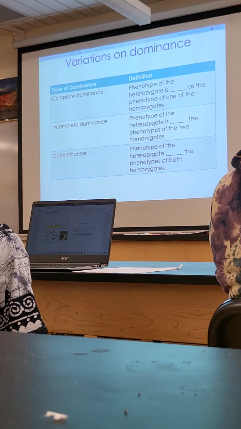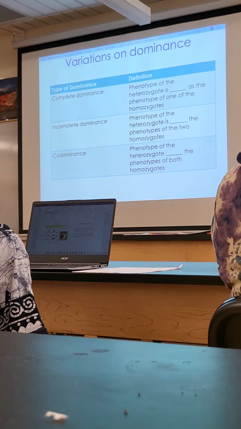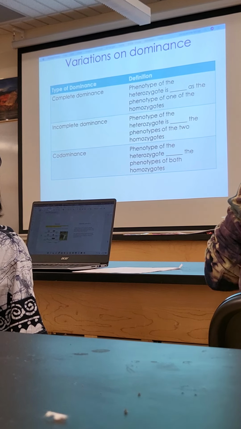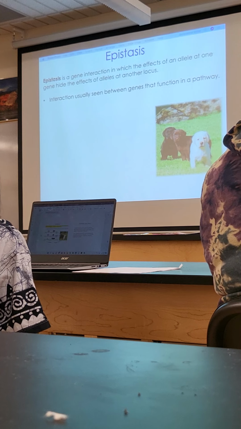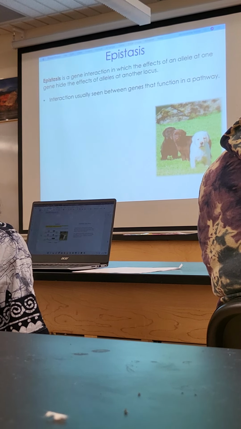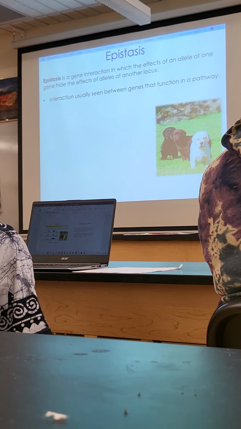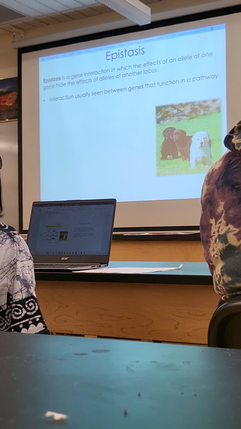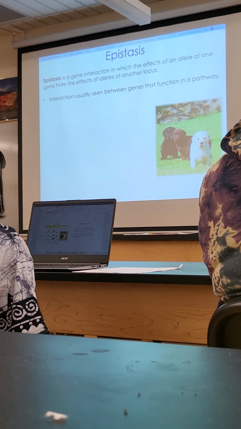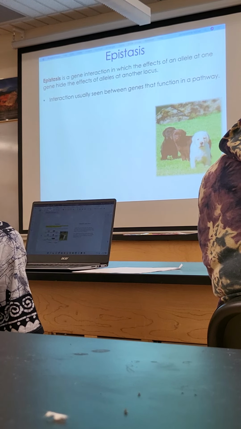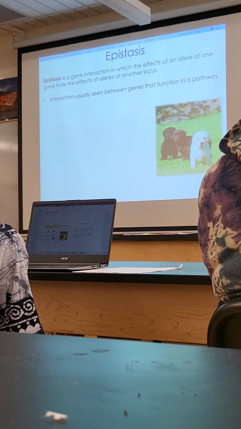But a lot of our genes operate in pathways with lots of genes, and so there tends to be gene interactions. So epistasis is this phenomenon where you can have interactions between two or more genes, where one of those alleles has the ability to hide or mask another gene.